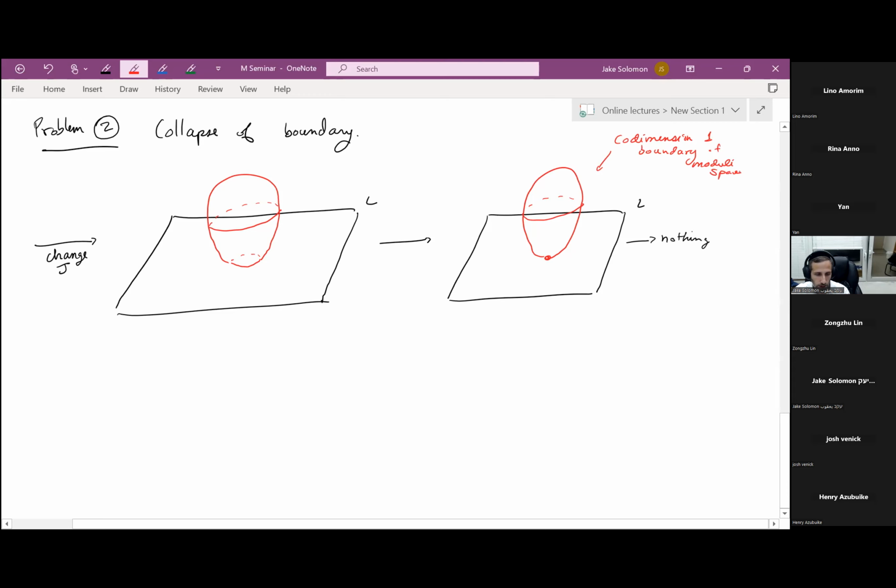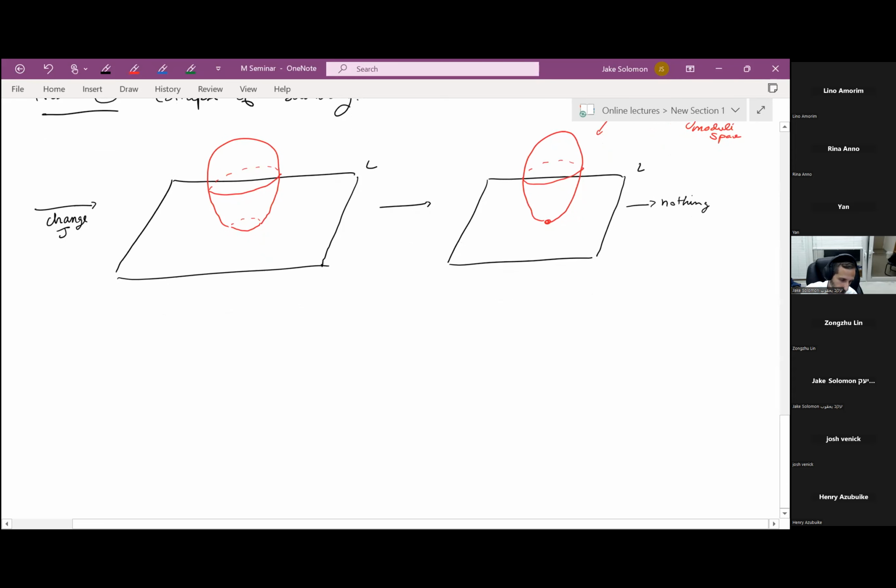And then you sort of fall off the boundary of the moduli space, and there's nothing left to count.